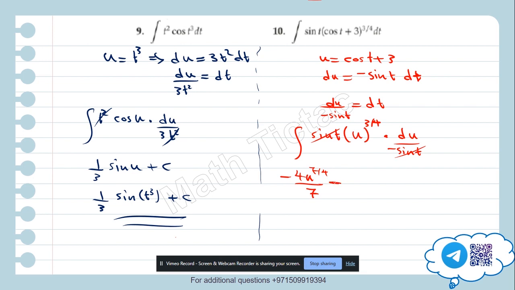Plus c. Now write your assumption back: minus 4 over 7 multiplied by cosine t plus 3 to the power 7 over 4, plus c. That's it. This is my answer.